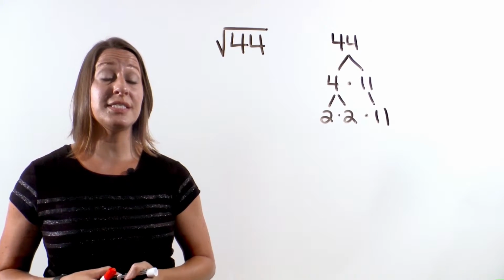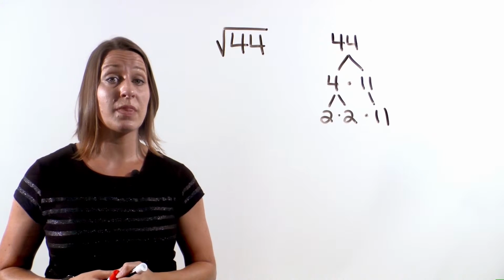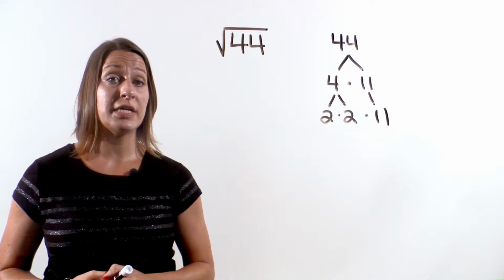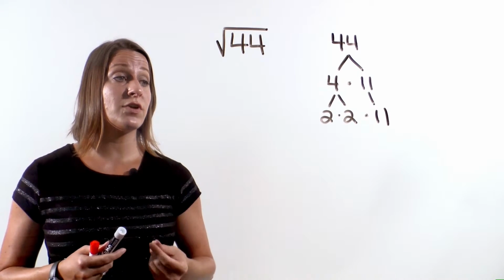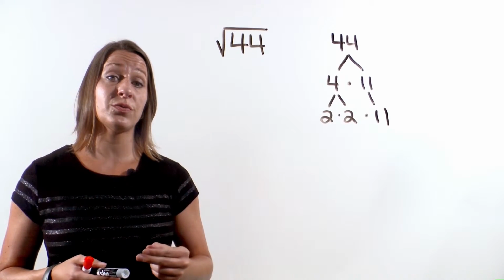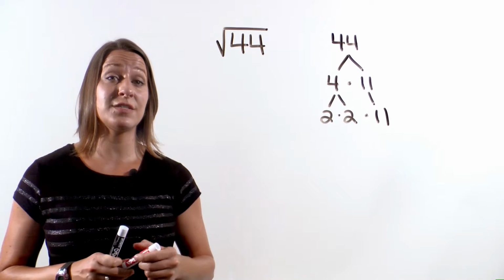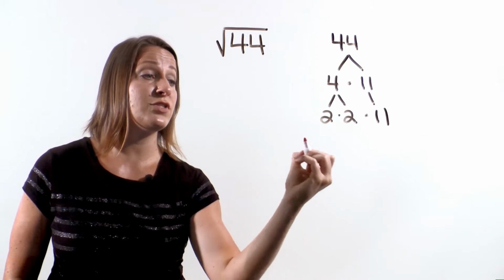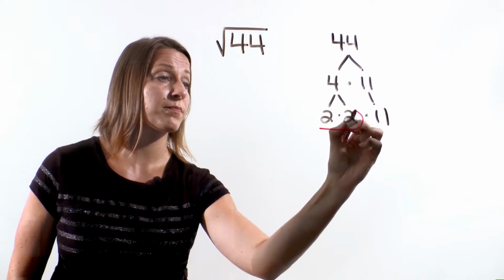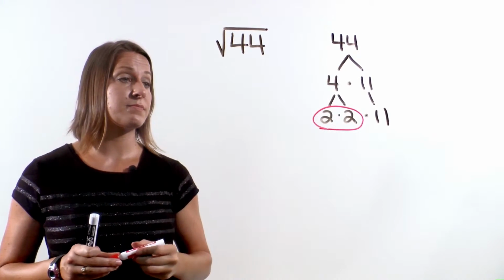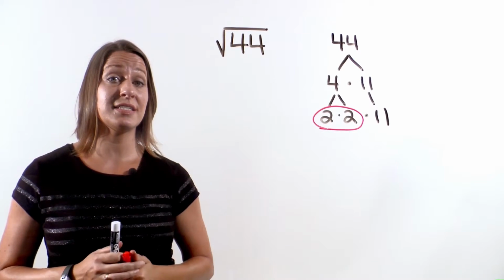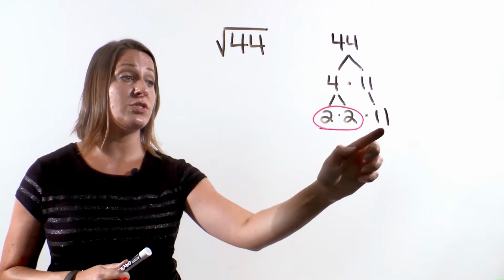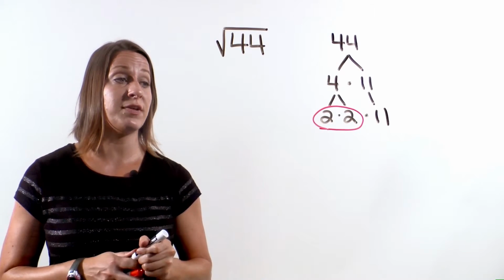Next, because this is a square root, square means 2, and so we are looking for numbers that are in partners of 2, or we're looking for sets of twins. We have 2 2s, and so we have one set of twin 2s. We do not have anything that matches with the 11.